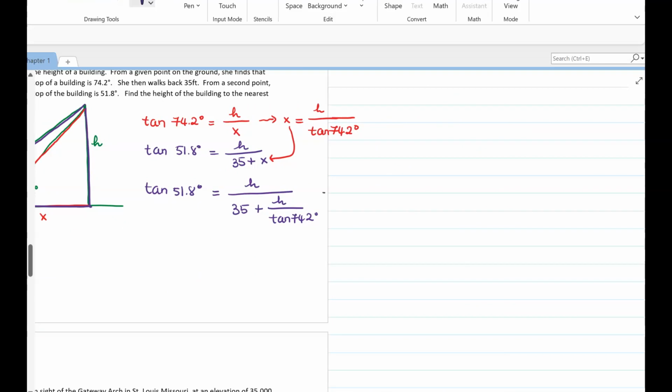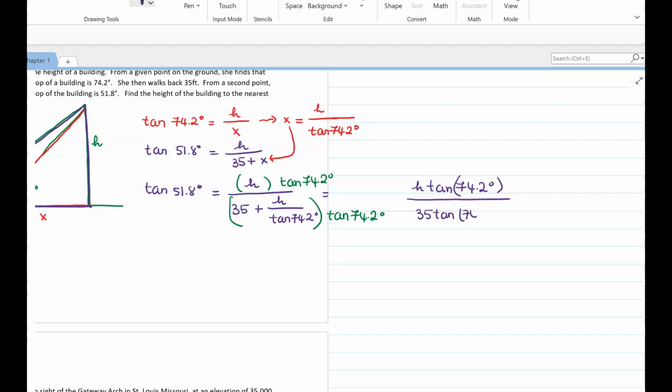On the right-hand side, I will simplify this complex fraction by multiplying the numerator and the denominator by tangent of 74.2 degrees. By doing that, the right-hand side becomes h times tangent of 74.2 degrees divided by 35 tangent of 74.2 degrees plus h.